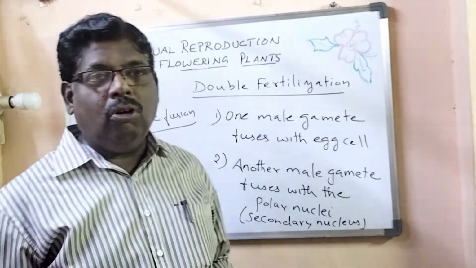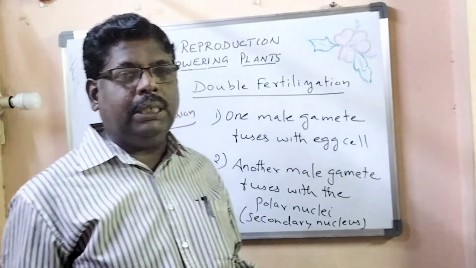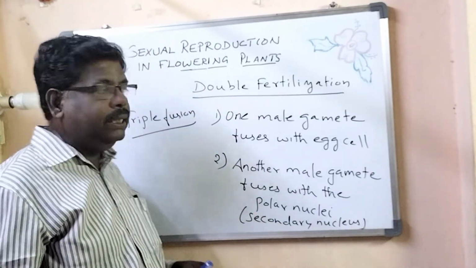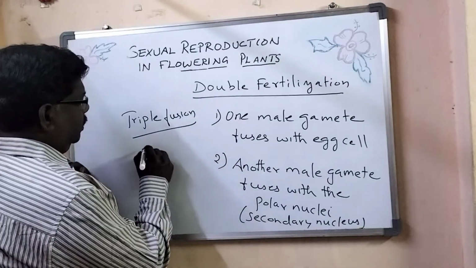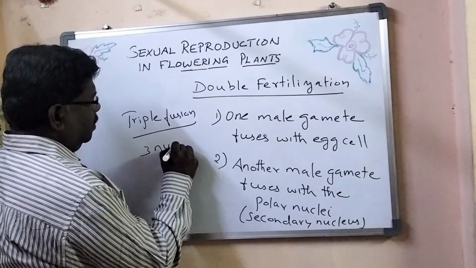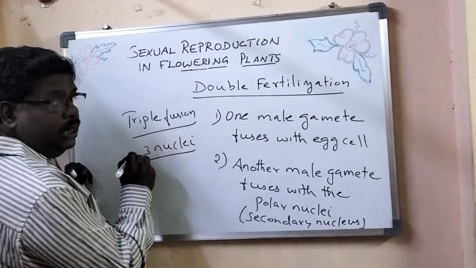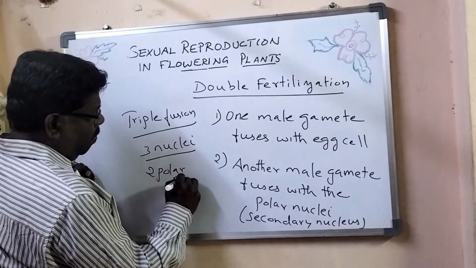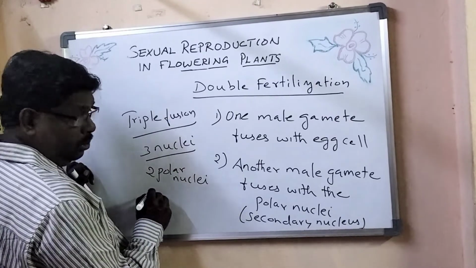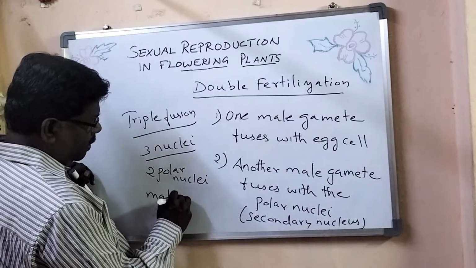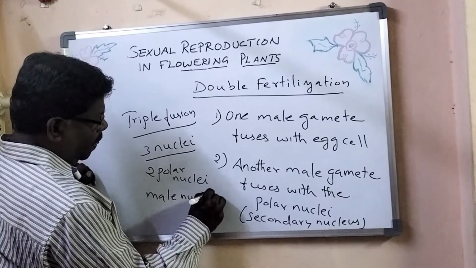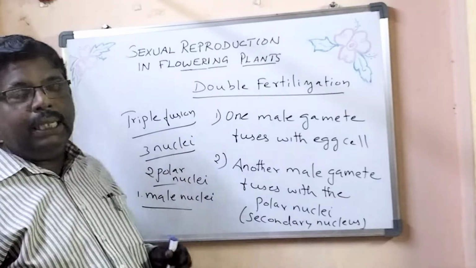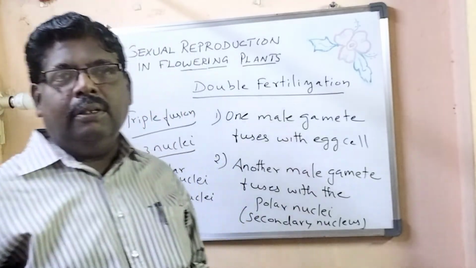As there is involvement of three nuclei, it's called triple fusion. Three nuclei in the sense two polar nuclei, and to that one male nuclei. So 2 plus 1, 3. Then it becomes a triploid.